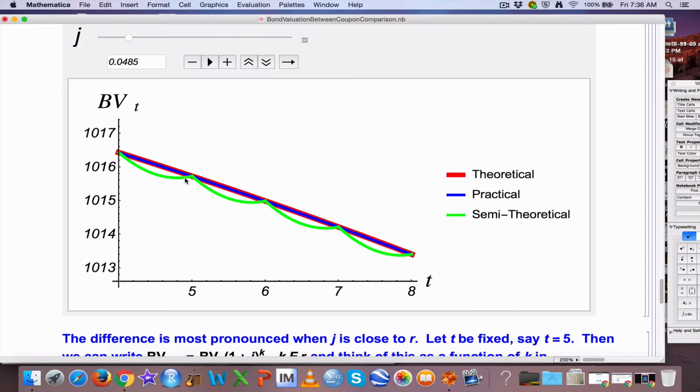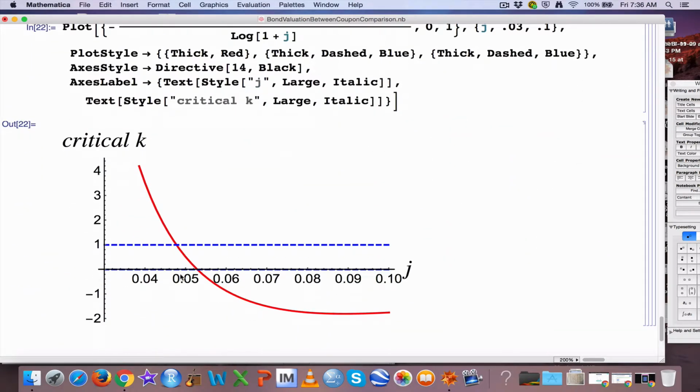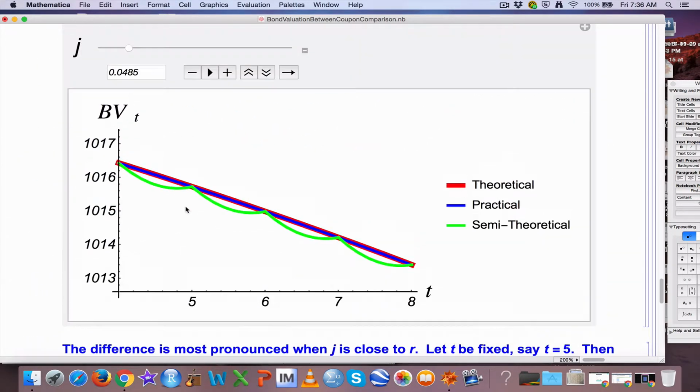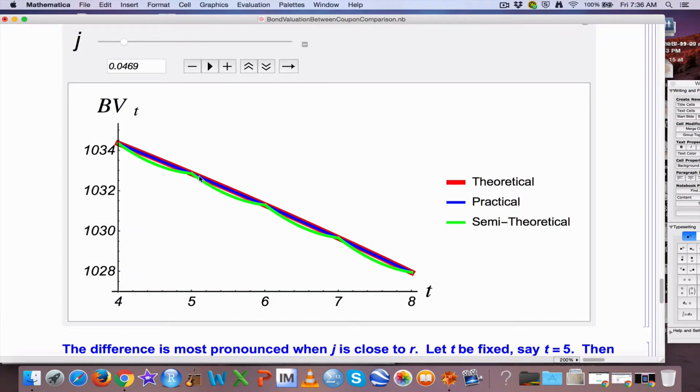Think about each piece here, going between 0 and 1. K would be close to 1, close to the right endpoint of this piece of the graph. Just like in this graph, when j is close to 0.048, the critical value of k is close to 1 here. And when j is less than 0.048, the critical value of k would be even further to the right, would be bigger than 1. You see the pieces of the graph have negative slopes the whole time.